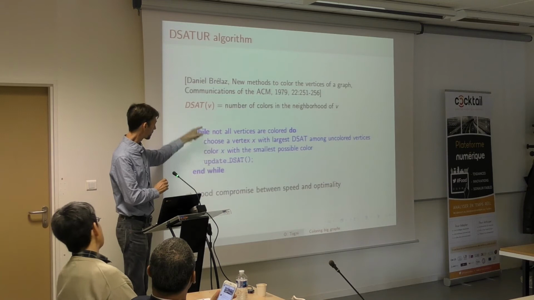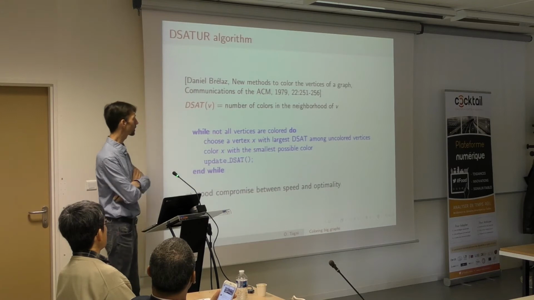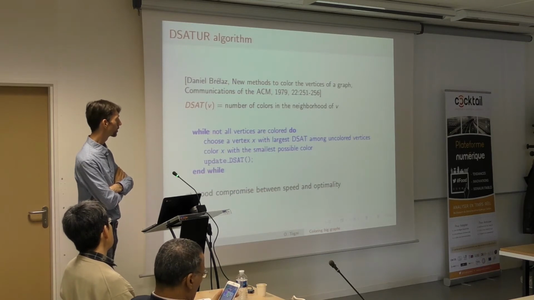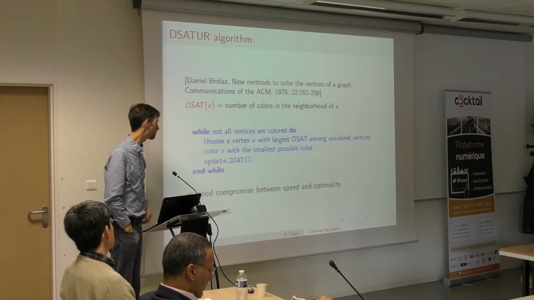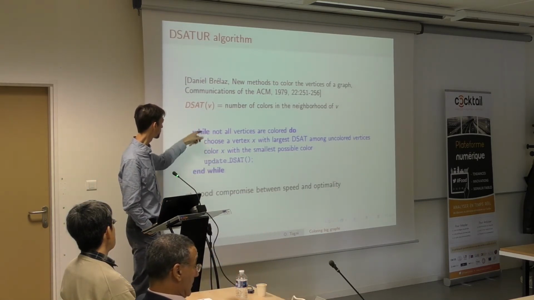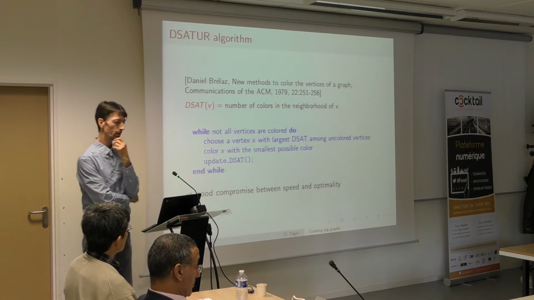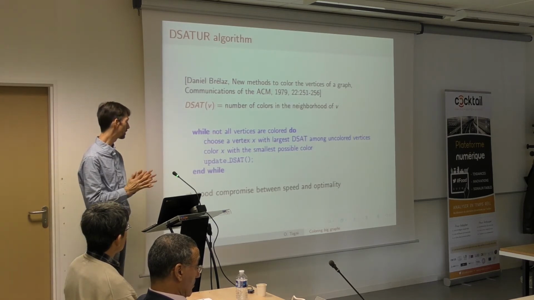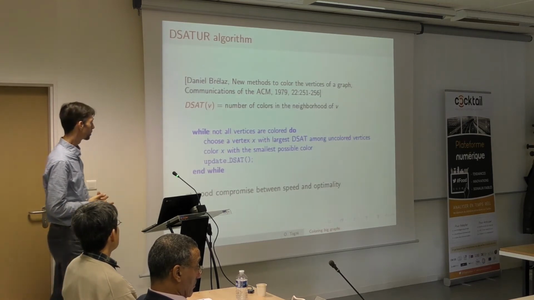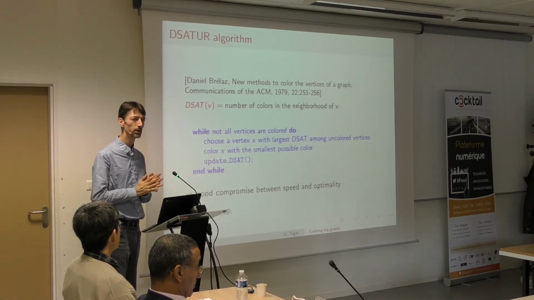We color the vertices in sequence, one by one, and each time we choose a vertex with the largest saturation degree among those which are not colored, and we color it with the smallest possible color, like other sequential algorithms. Before coming to the next step of the loop, we have to update the saturation degrees, of course. Why do I consider this algorithm? Because it's a good compromise between speed, as it is quite fast, and quality, as it is quite close to optimal. It will color many graphs using a number of colors which is close to the chromatic number of these graphs.